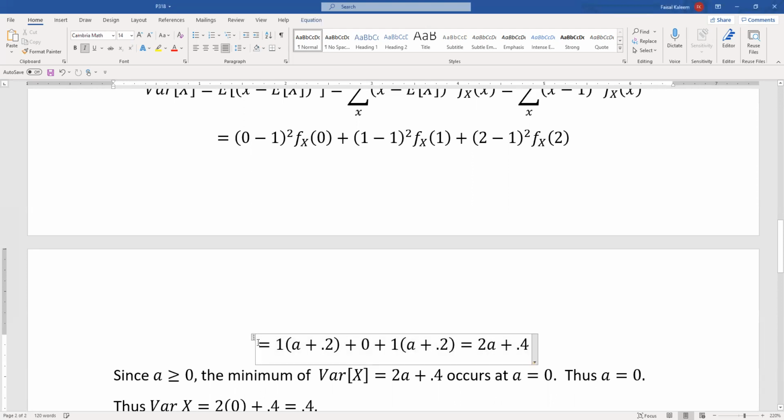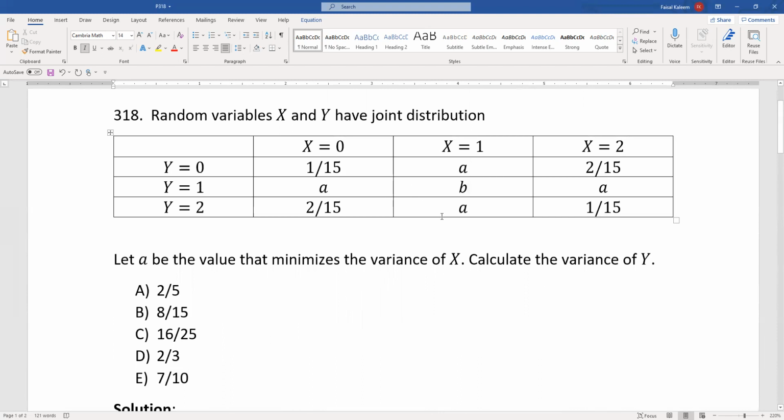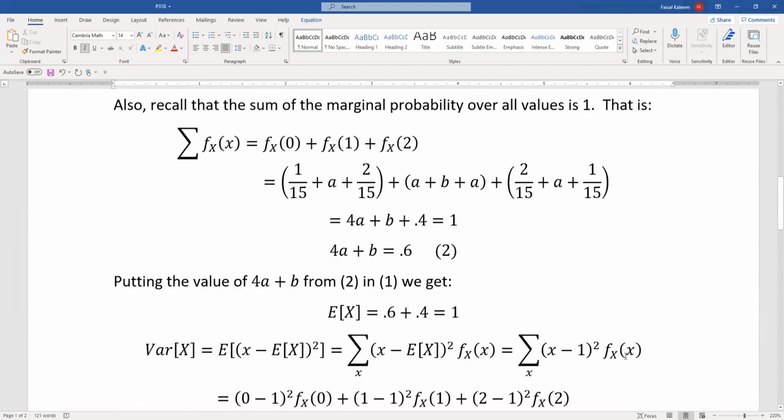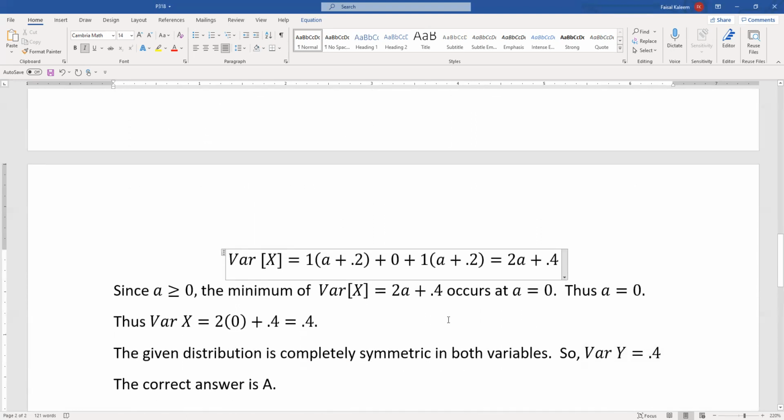Let's just write it here. So A is a probability. Remember, A is one of the entries in this table. A probability is always greater than or equal to 0. And so the minimum value of variance will happen at the minimum possible value of A, which is 0, since A has to be greater than or equal to 0.